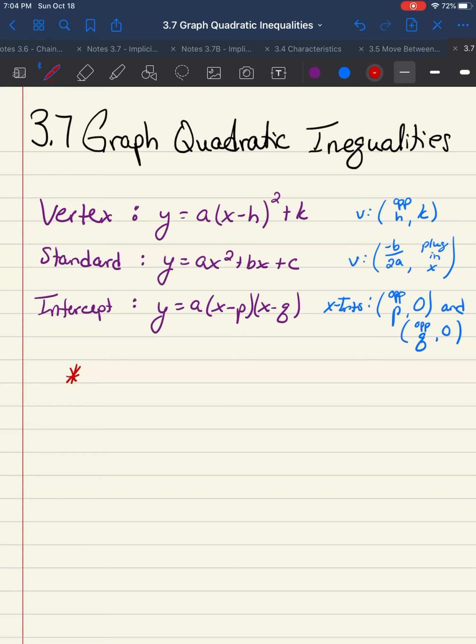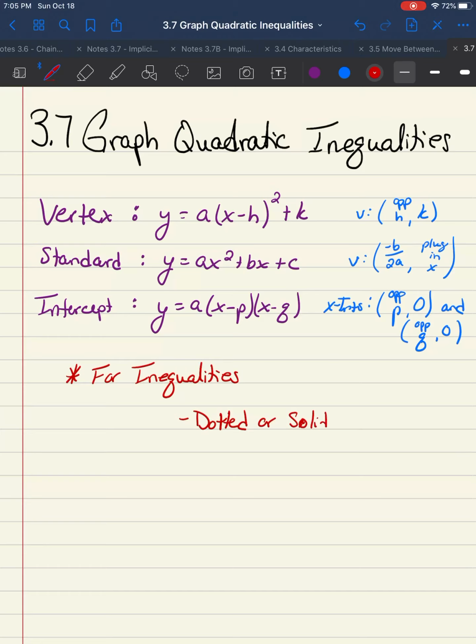Those intercepts are at the opposite of p, comma 0 and the opposite of q, comma 0. So we're going to be using any of those three forms again today. But on top of that, we're not just going to be graphing equations, we're going to graph inequalities.